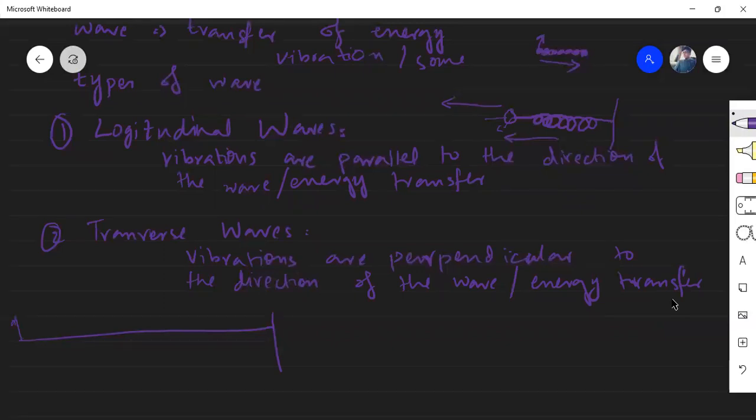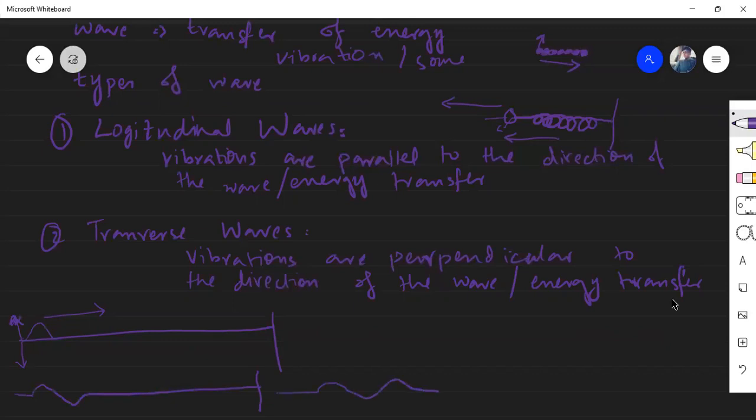Okay. So now, if you have a rope and you oscillate this end, this will cause a wave to form that will travel within the rope. After a few moments, you'll see waves forming like this within the rope.